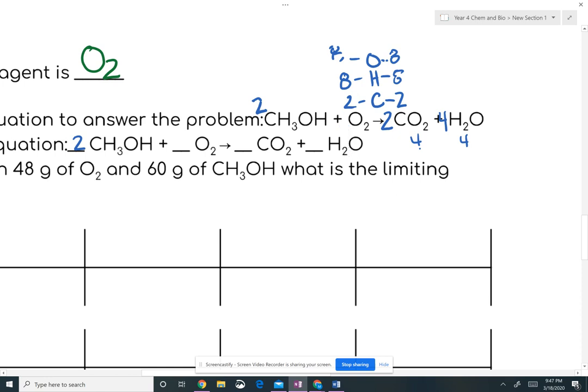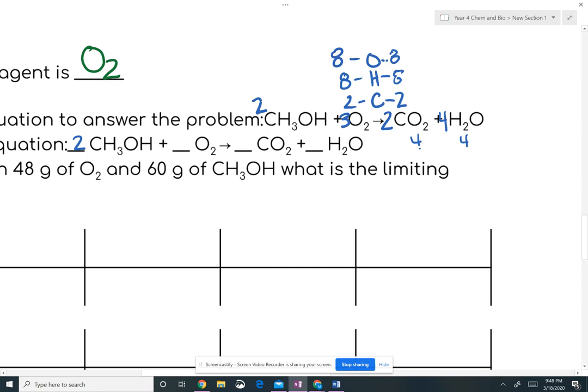Hold up. Give me 1 second. There's something up with my oxygens. Okay. And this is okay because this actually happens. Right? So I have 8 on this side. I need to get 8 on this side. I currently have 2, 4. Right? So I need 2, so I need a 3 here. That's what it is. Yeah, so 3 times 2 is 6, 7, 8. Yes. Okay, so now it's 8.